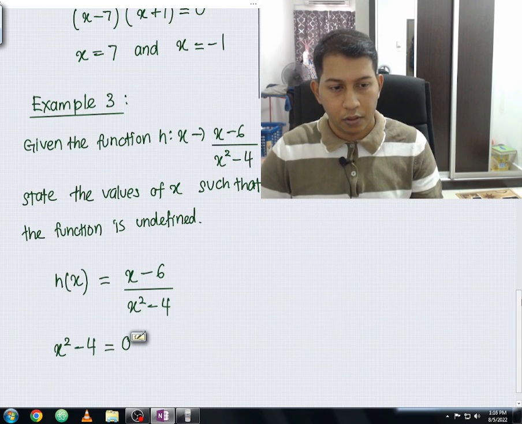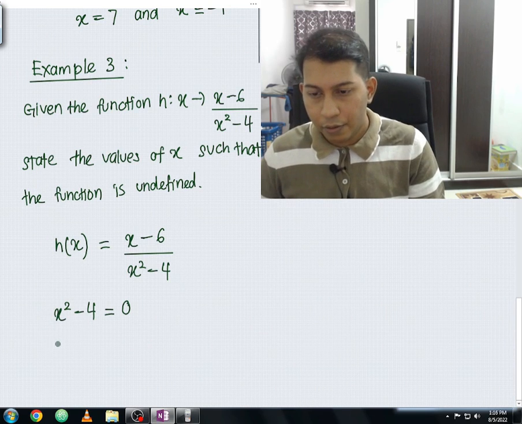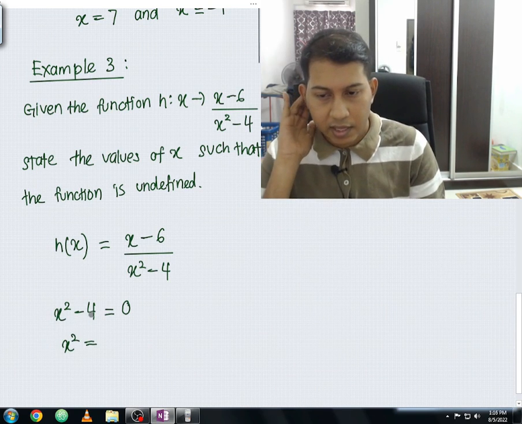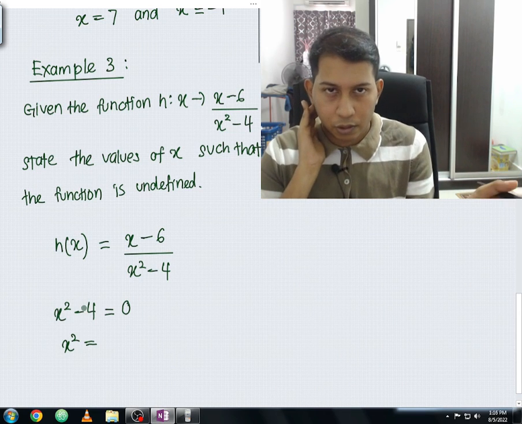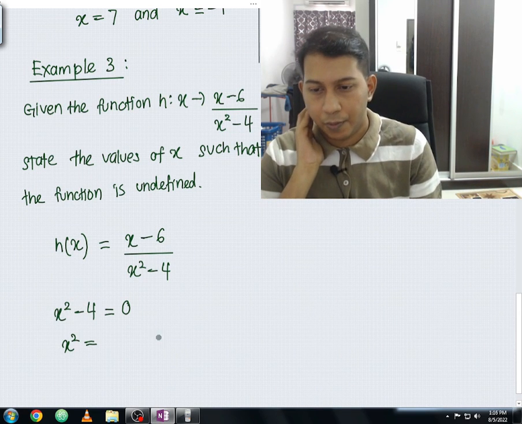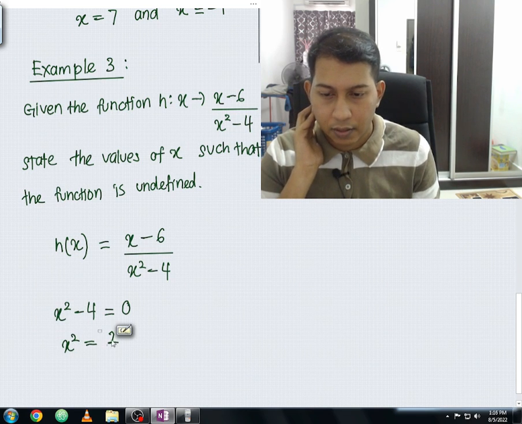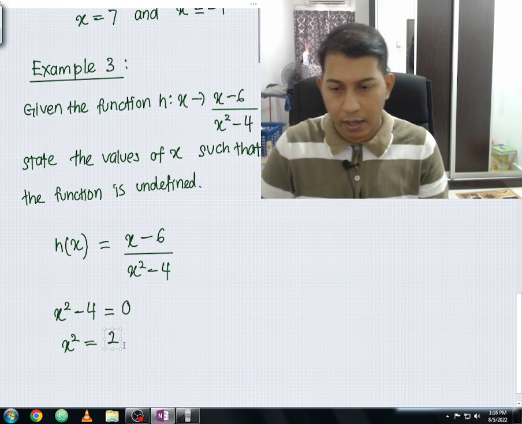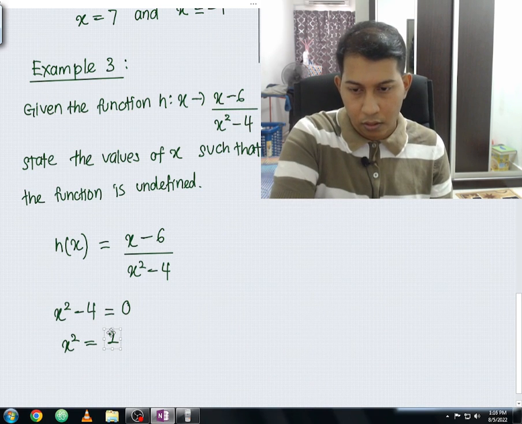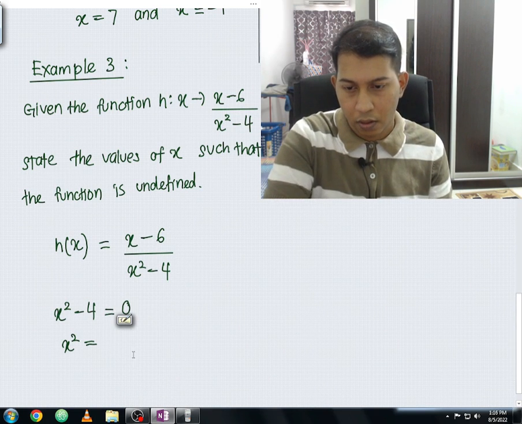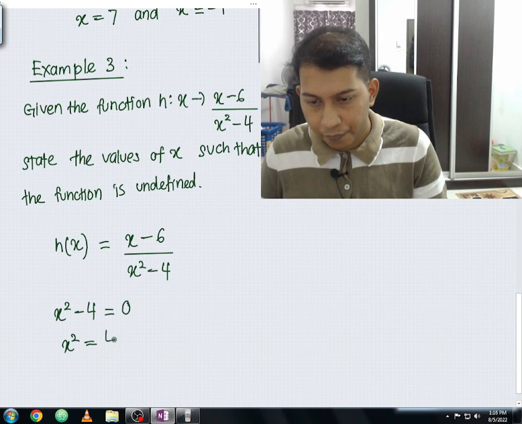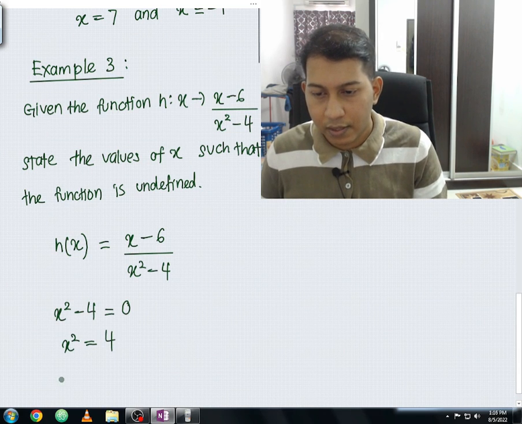One, you can move the negative 4 over to the right hand side. So x square is equal to 4, and then you square root this. So from here, you get x equals plus minus 2.